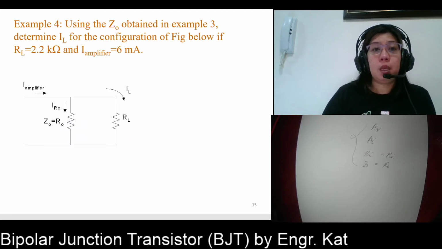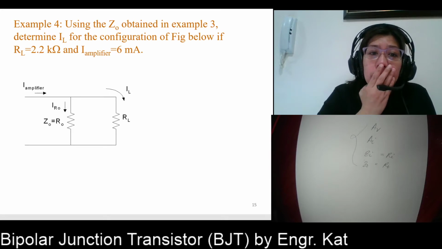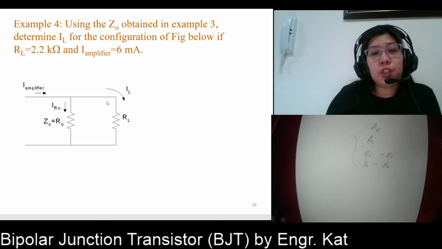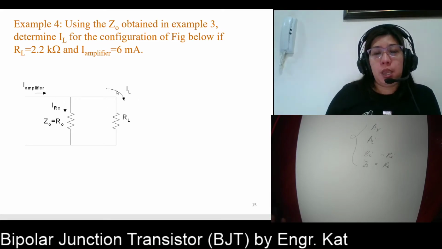Using the ZO obtained in the previous example, which is 50 kilo ohms, what is the current flowing across the load, IL? If your I amplifier is 6 milliamperes, we will be using the current divider formula.